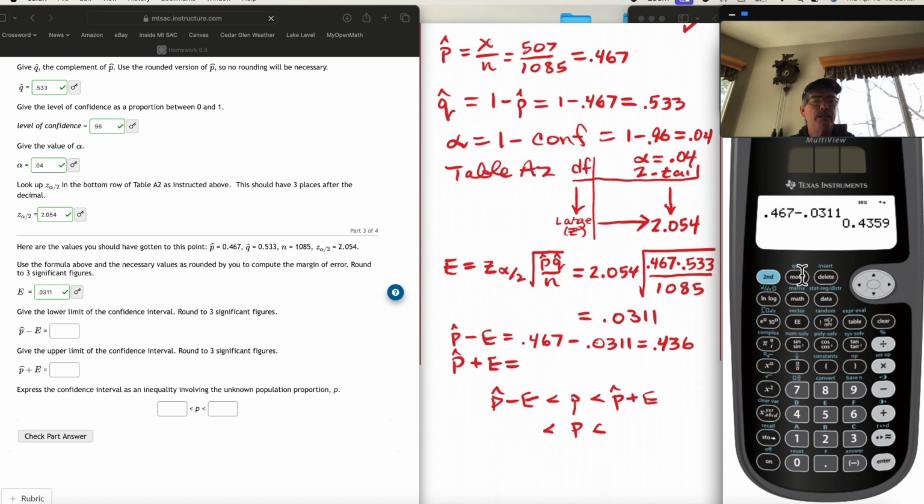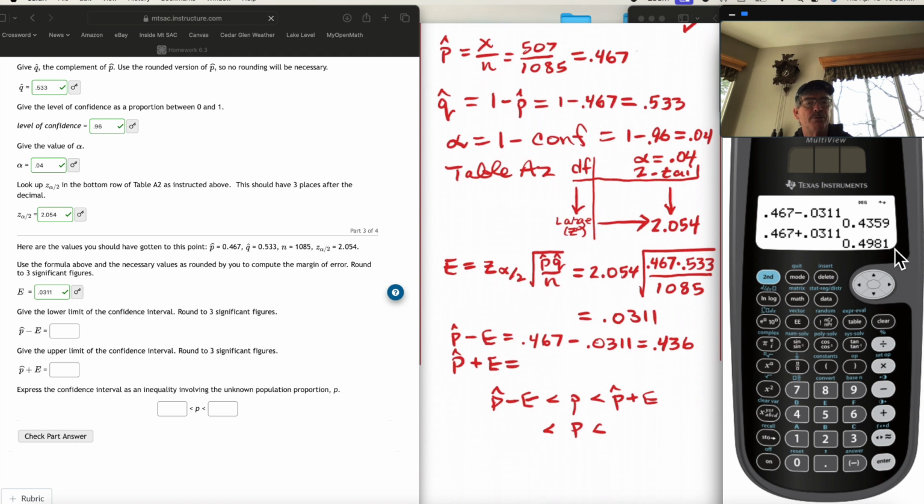And then I need to add these as well for the upper limit on the confidence interval. Just a reminder, if you press the up arrow and highlight something and press enter, it does a copy paste, and you can go back and edit it now if that's helpful. I always do that on the confidence interval. I don't like typing things twice.